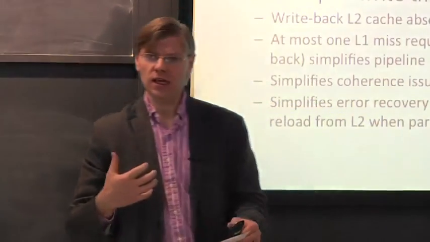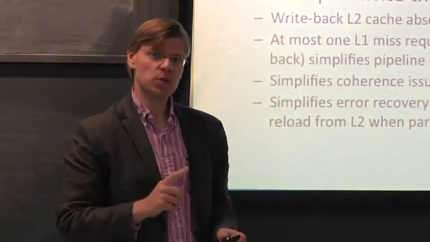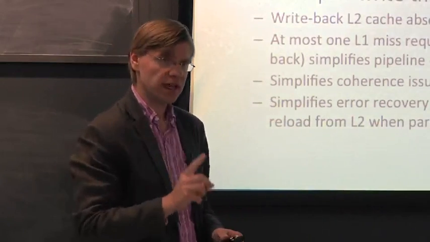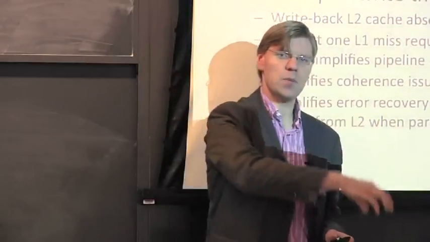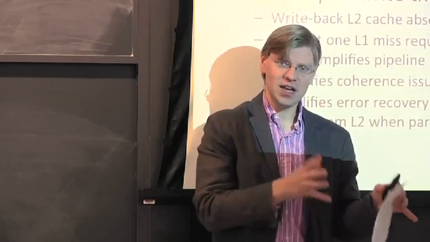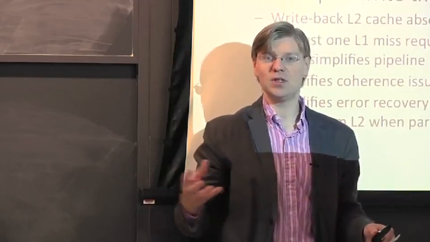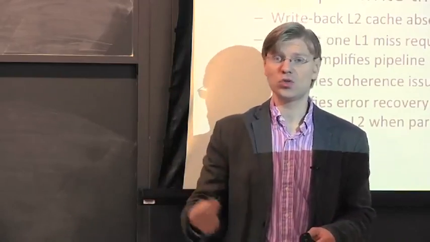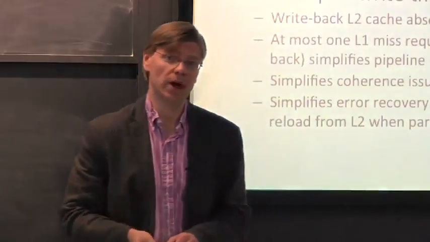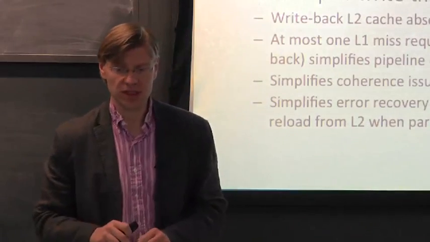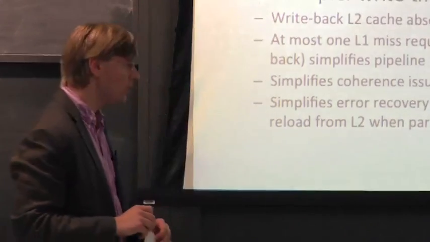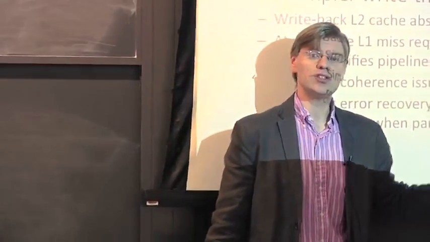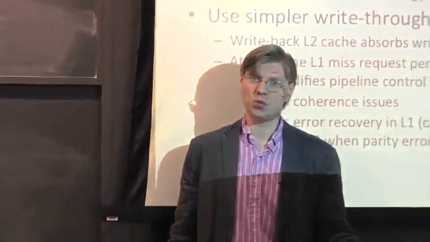If you only have one cache level per processor, and this cache is tightly integrated into your pipeline, you now have to deal with these external requests coming in to do invalidations or something like snoops, which we'll also be talking about when we get to the end of this course. But if you have a level 1 backed by a level 2, you can have the level 2 service a lot of that complexity.